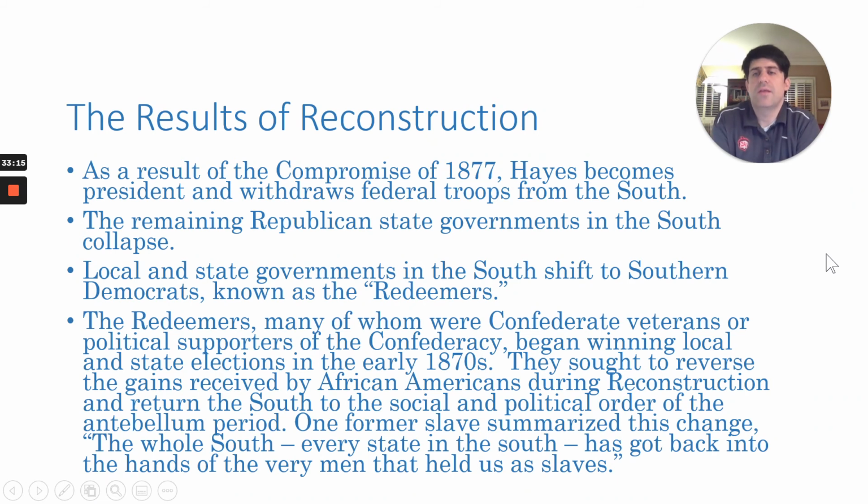Hayes and the Republicans agreed to these stipulations from the Southern Democrats, and the Compromise of 1877 is consummated.